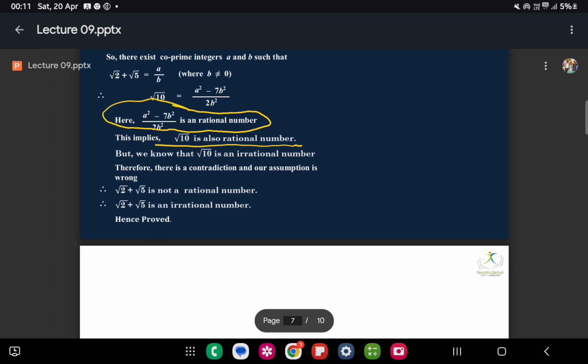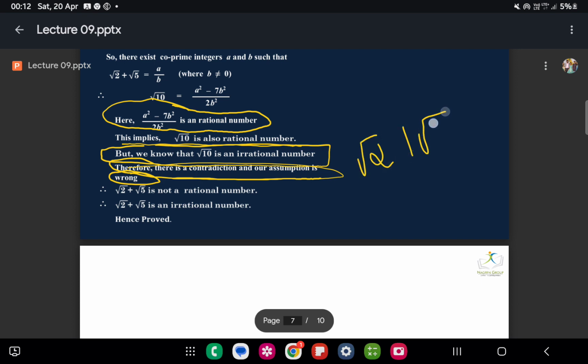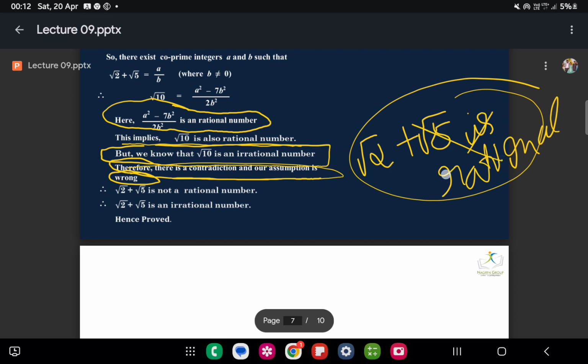But already we know that root 10 is an irrational number. Therefore, there is a contradiction and our assumption is wrong. What is our assumption? Root 2 plus root 5 is rational. This assumption is wrong.